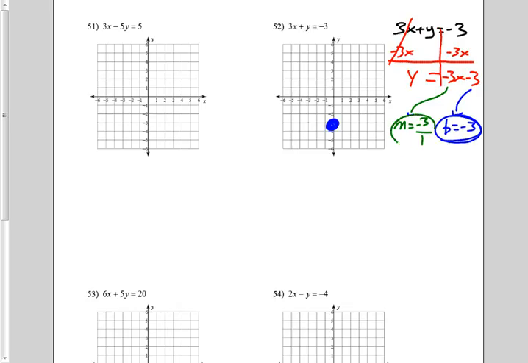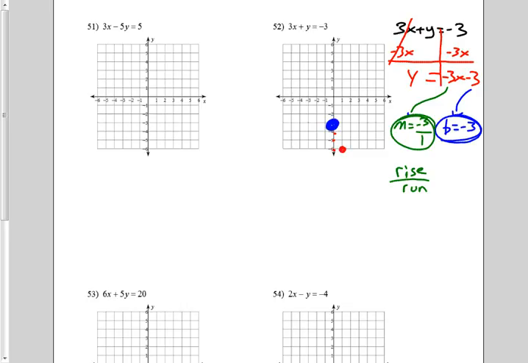And we're going to remember that slope was rise over run. So, because I go down 3, because it's -3, look what happens. 1, 2, 3, and I go to the right one, and I've established a new point on that line.